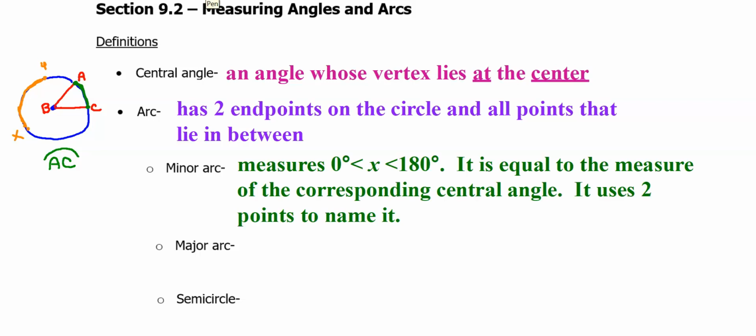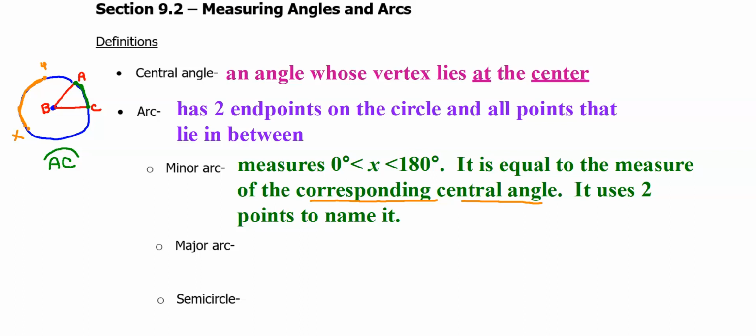So there are three types of arcs. The first one is a minor arc, and it measures between 0 and 180. So it has to be bigger than 0 and less than 180 at the same time. It's also equal to the measure of the corresponding central angle. And then very important here is it uses 2 points to name it.